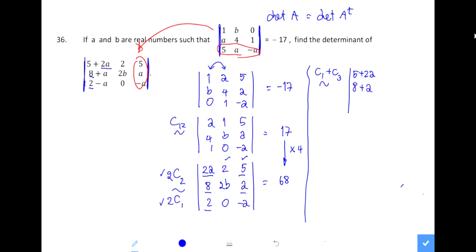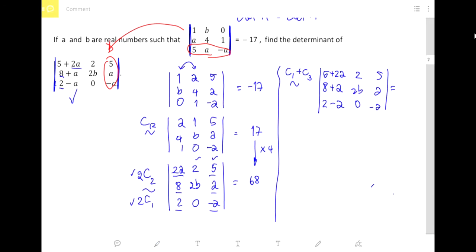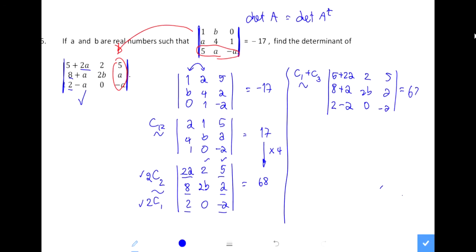I add this and this, I have 2 minus a now. So my first column is now exactly the same as this one. So it goes 2 times the b, and 0, 5a, and negative a, 5 and negative 8. And that is equal to 68.